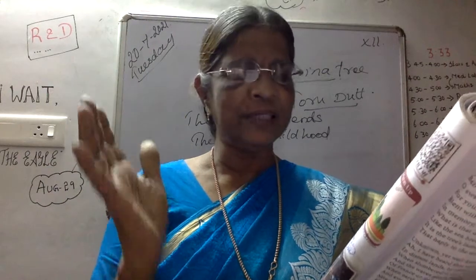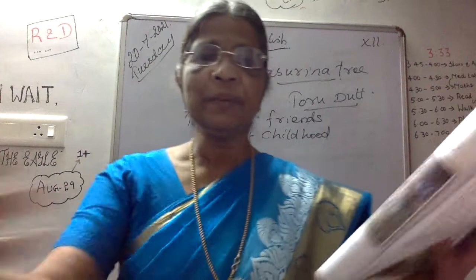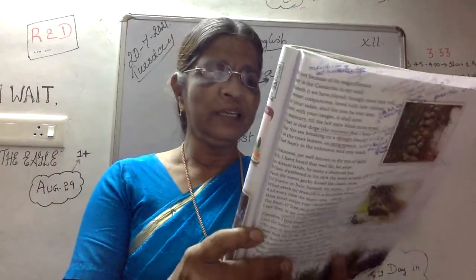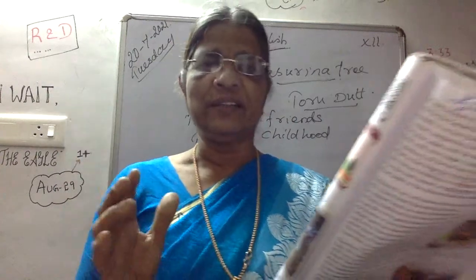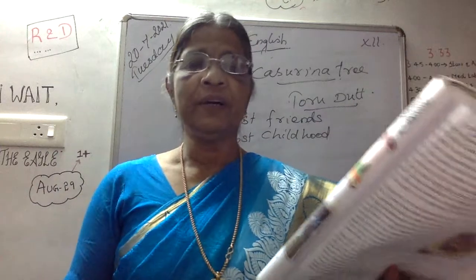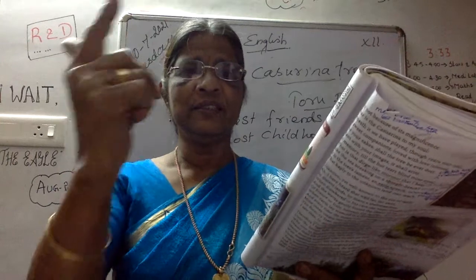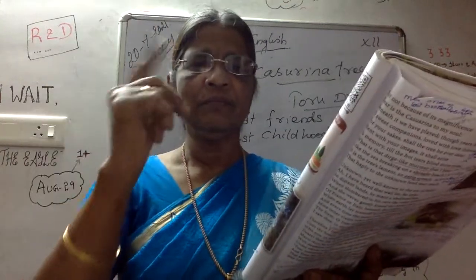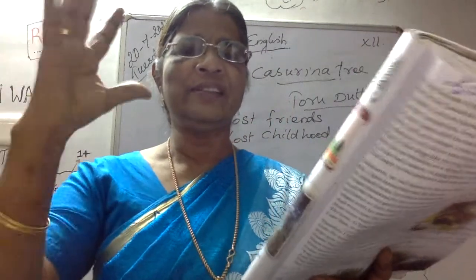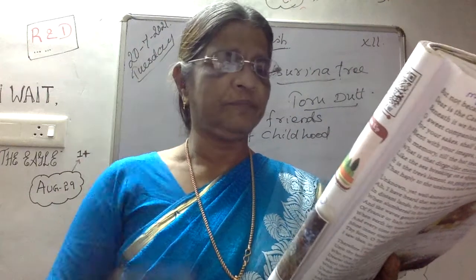It looks as if it is embracing the tree, without causing any damage to the tree. So without causing any damage to the tree, the creeper just embraces the casuarina tree. It is just going around, that is moving around and growing, having that casuarina tree as its base.